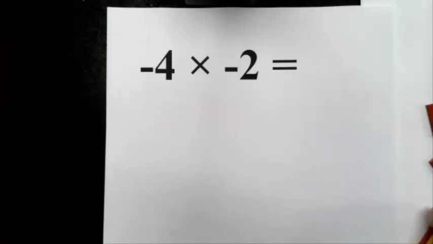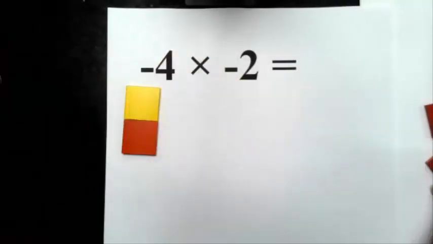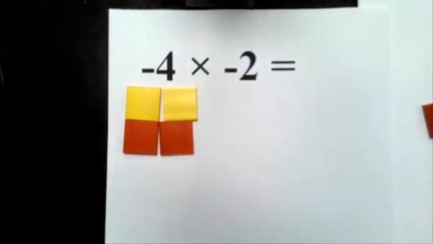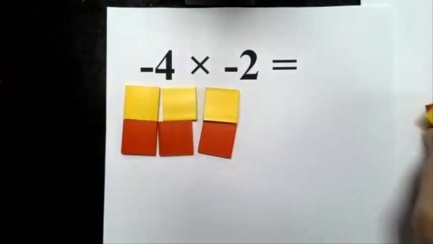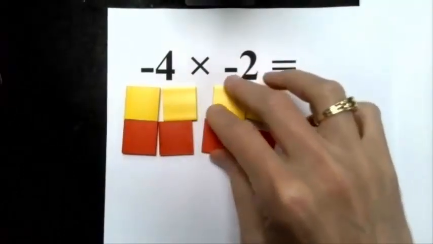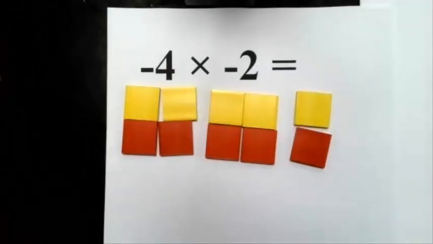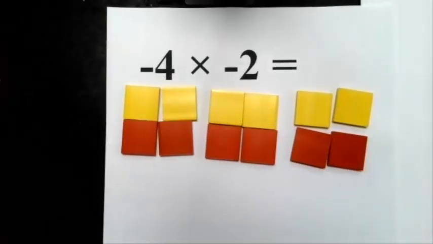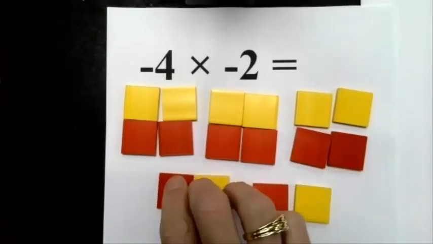Since 4 times 2 is 8, I'm going to bring down 8 0 pairs. Put a couple across the bottom here. I have 8 0 pairs.